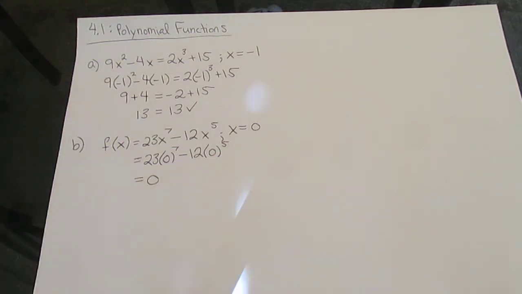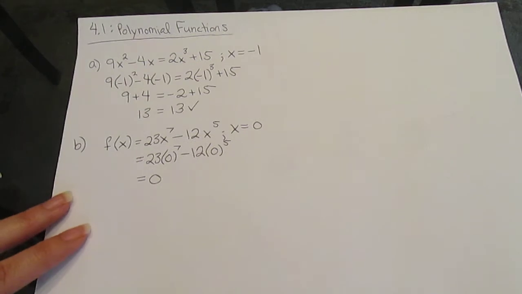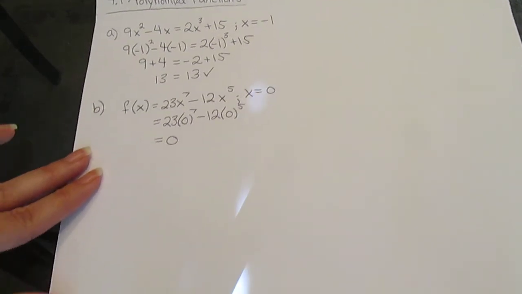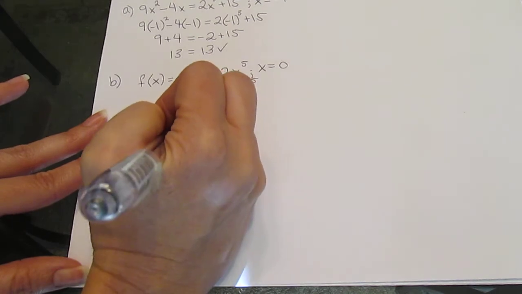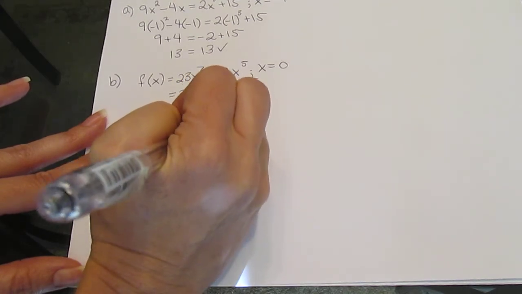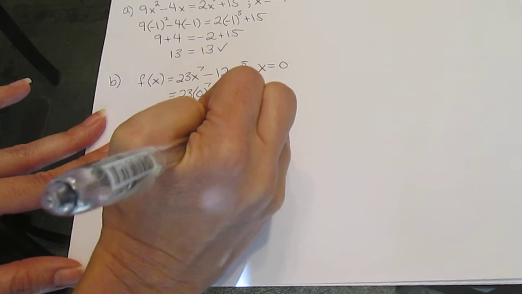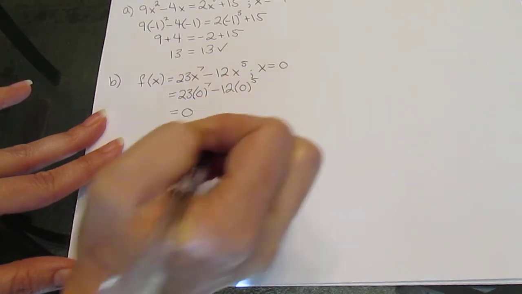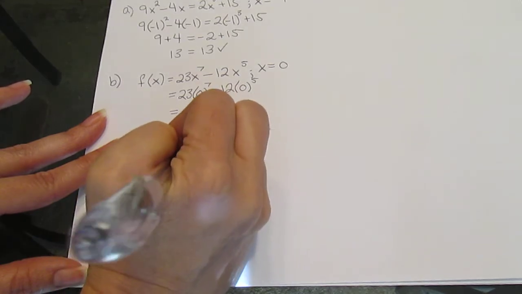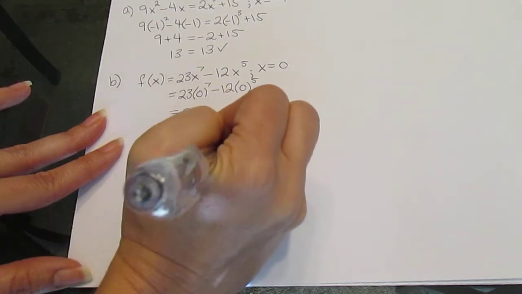Okay? All right, the second part of this section is the end behavior of a polynomial. So I like to make this little table. I've got leading coefficient, and that's going to be either positive or negative.